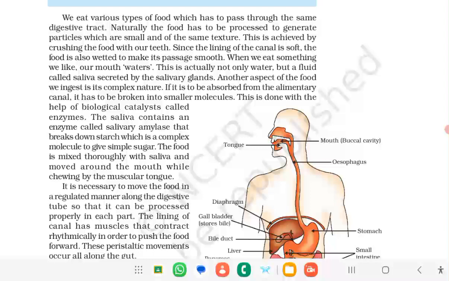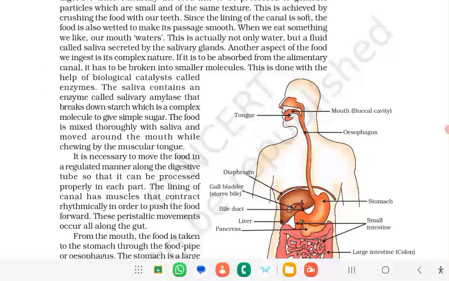Since the lining of the canal is soft, the food is also wetted to make its passage smooth. When we eat something we like, our mouth waters. This is actually not only water but a fluid called saliva secreted by the salivary glands.